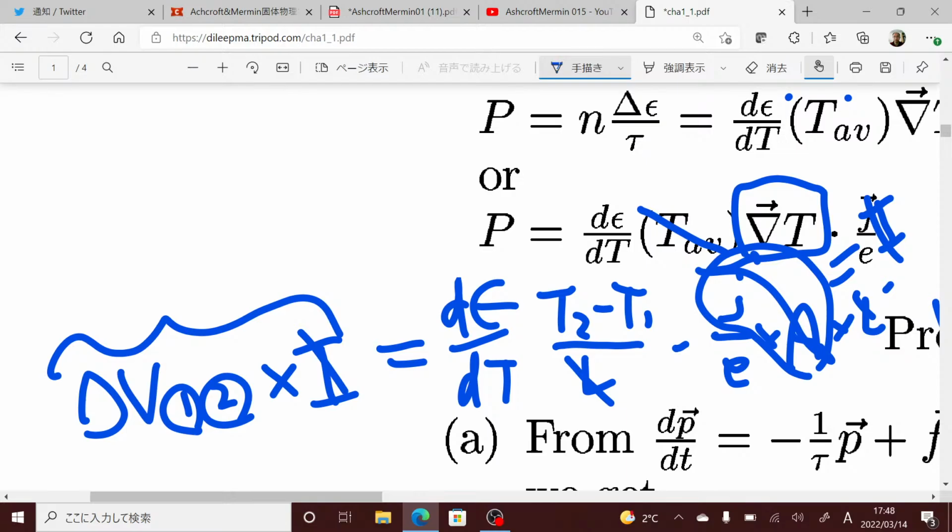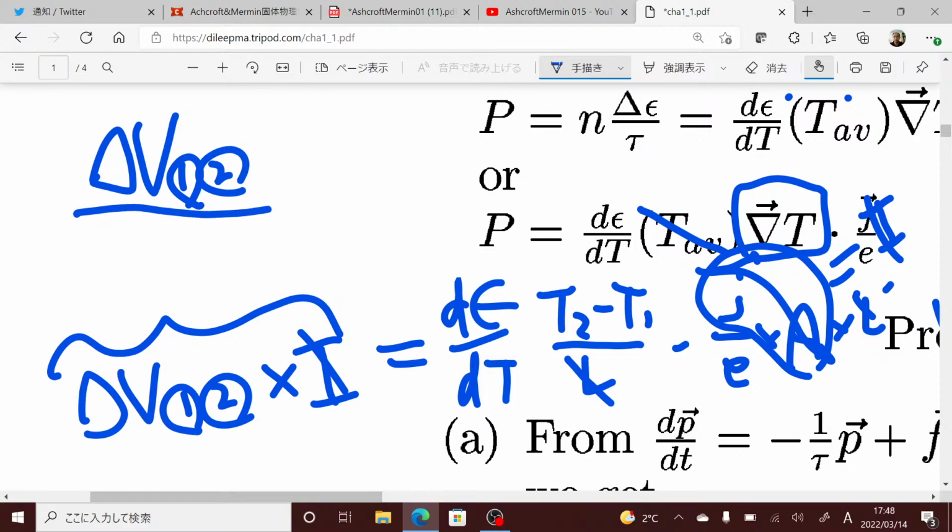Then we obtain delta V_12 divided by T2 minus T1. This is an experimental quantity; we can obtain this value experimentally.